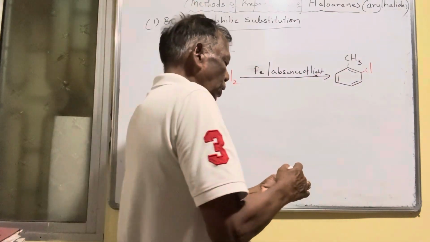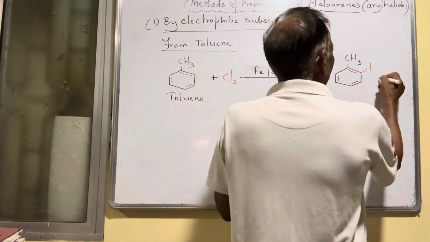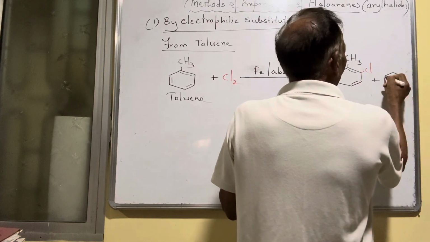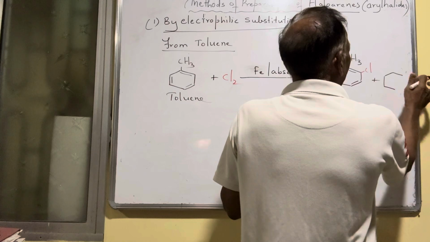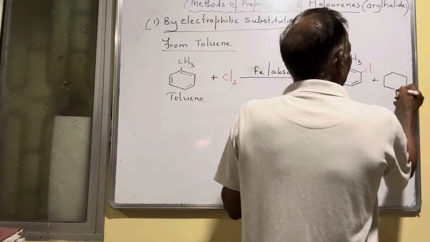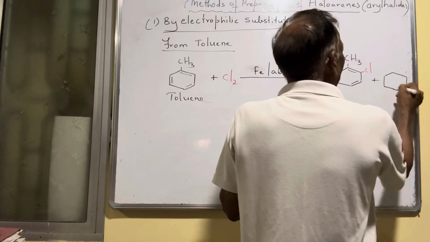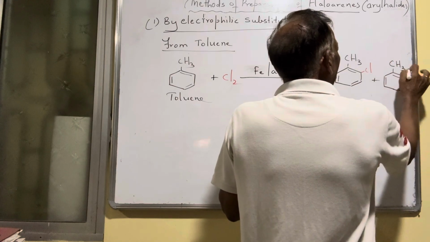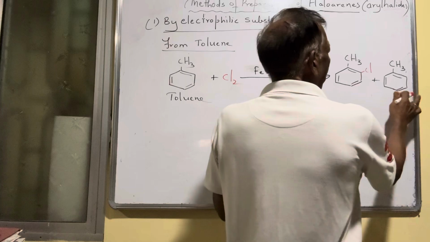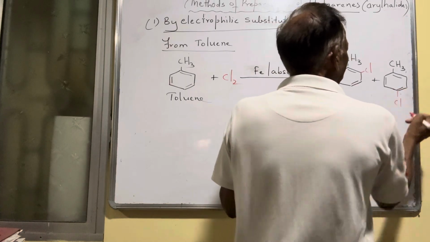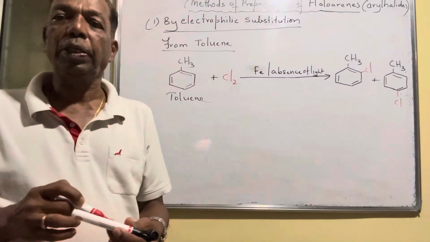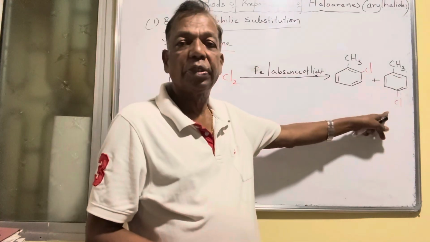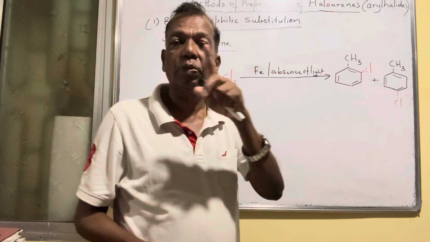I will show you also another possible product here, which has the methyl group over here and chlorine over here in the para position. So there will be chlorine in the ortho position and chlorine in the para position entering when there is toluene.